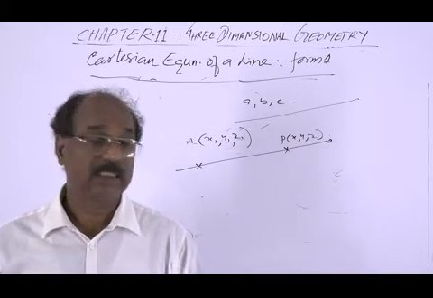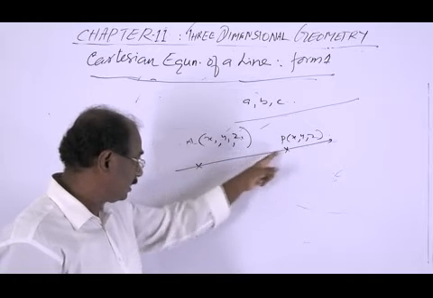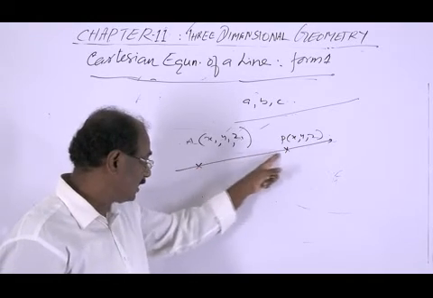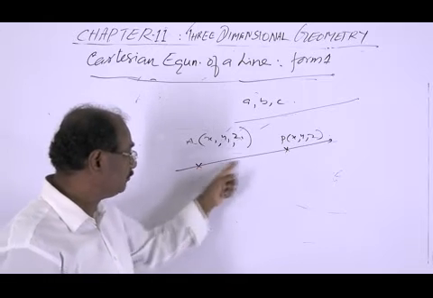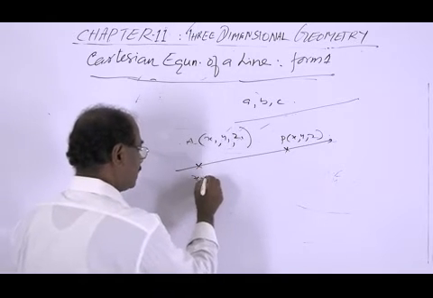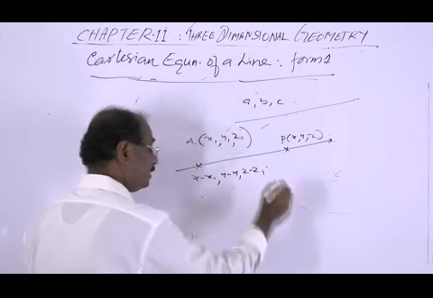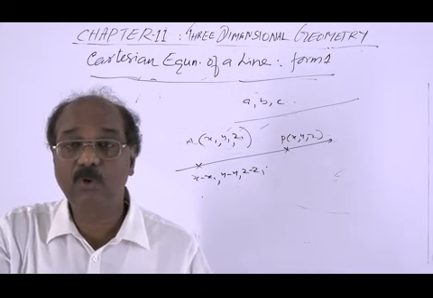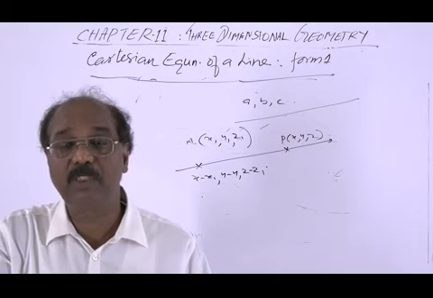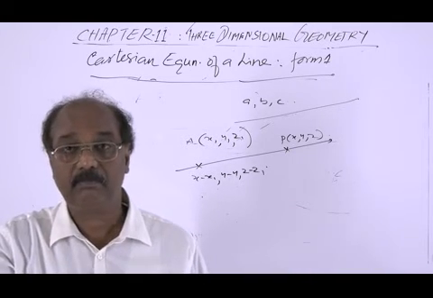Then we can have the direction ratio of this line AP. Direction ratio of this line AP is x minus x1, y minus y1, z minus z1. That is, the direction ratio of the line passing through x1, y1, z1 and x2, y2, z2 is x2 minus x1, y2 minus y1, z2 minus z1.